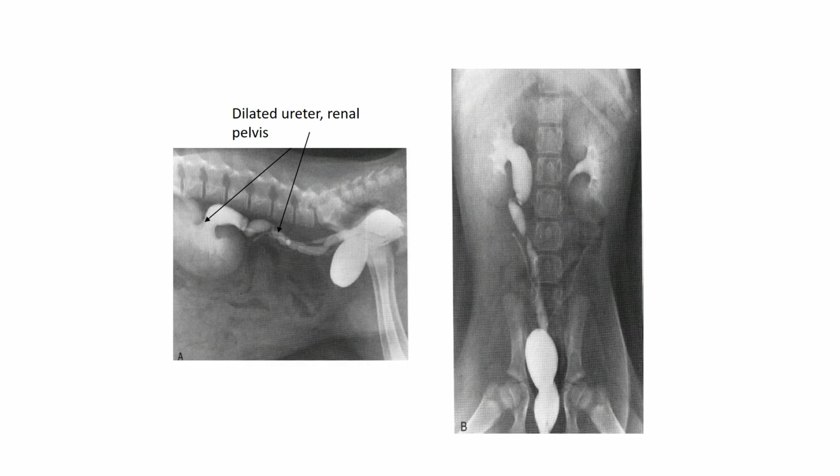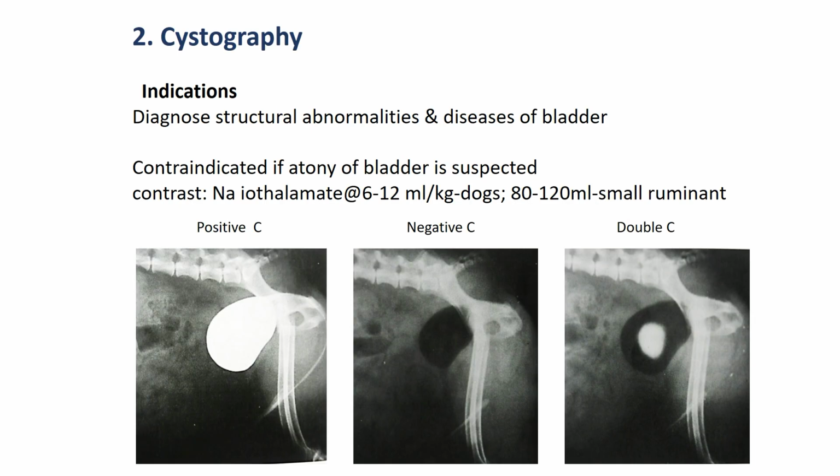The lateral view clearly indicates the dilation of the ureter and the renal pelvis. In the VD view, it is confirmed that the right kidney is affected with this dilatation of the ureter.